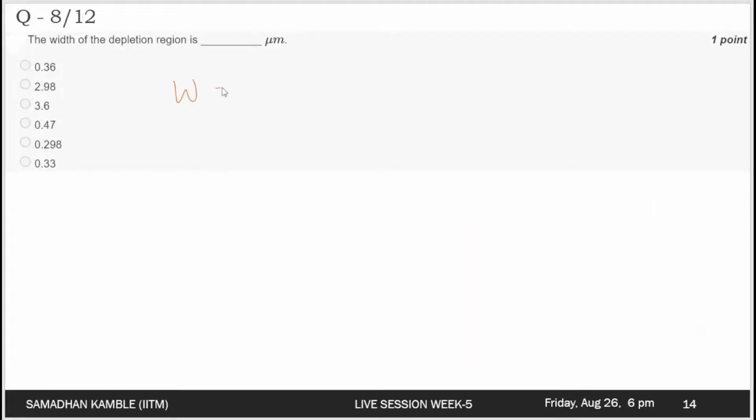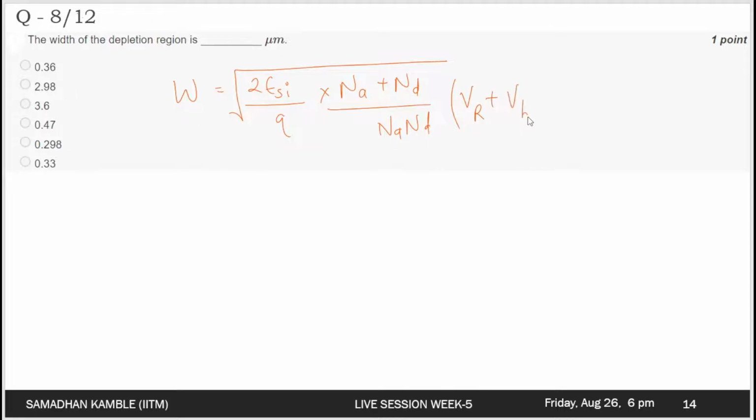W, the depletion width, is given as the square root of 2 times the epsilon of silicon in our case divided by Q times Na plus Nd over Na times Nd times the reverse bias voltage applied plus the built-in potential.